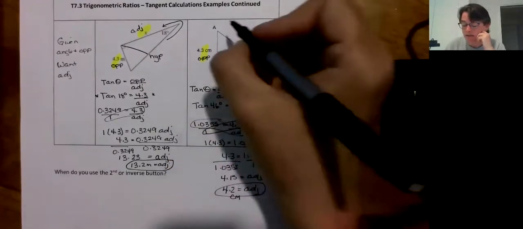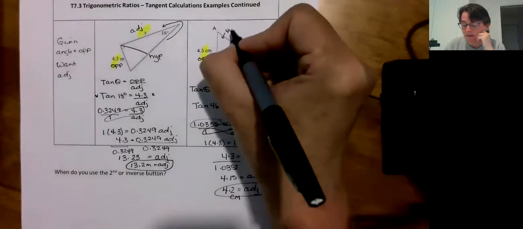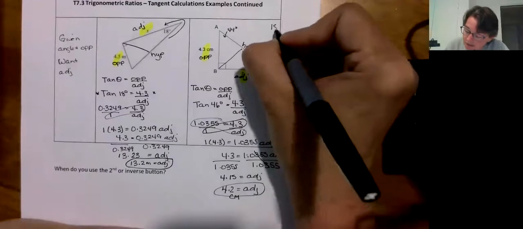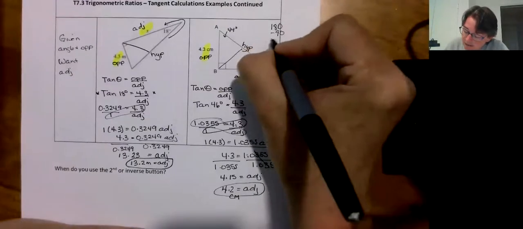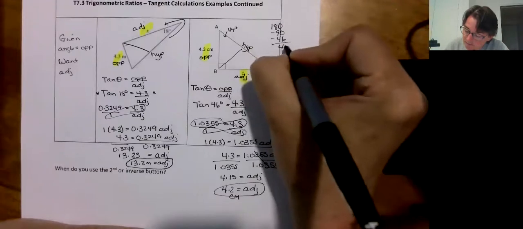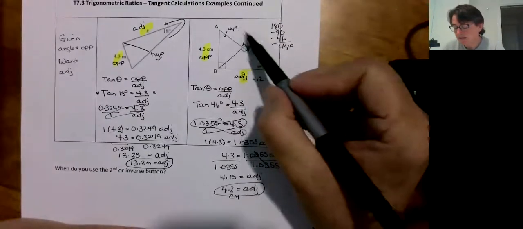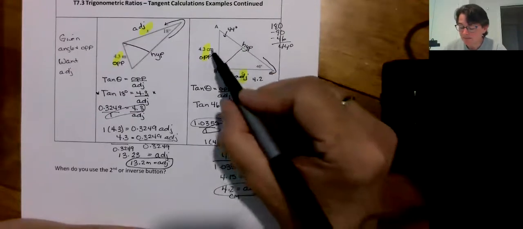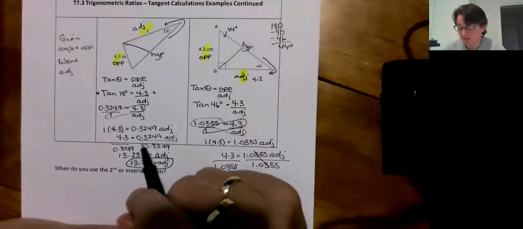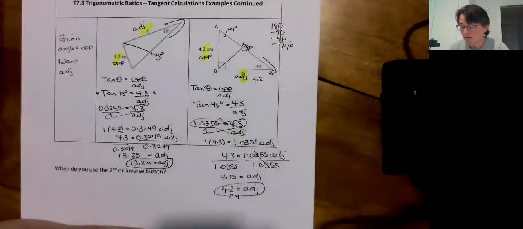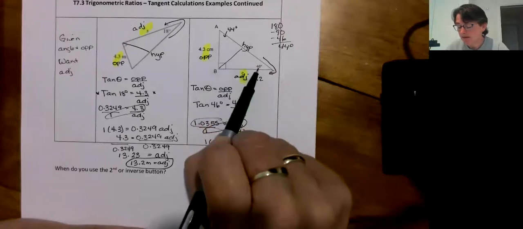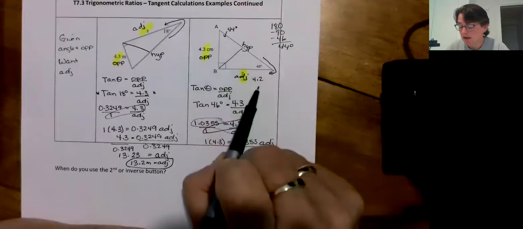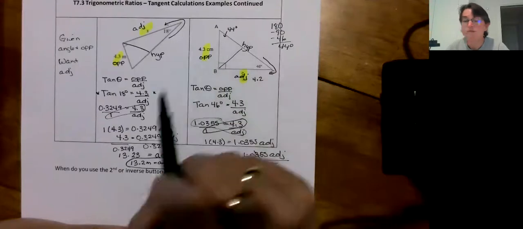Because if this is 46, this one is going to be 44 degrees, right? And if you don't believe me, 180 minus 90 minus 46. So if these two are almost the same size, then the sides opposite them will be almost the same size also. And I can even go further, that from these two angles, 44 is the smaller of the two, so 44 is smaller than 46, and 4.2 is smaller than 4.3.